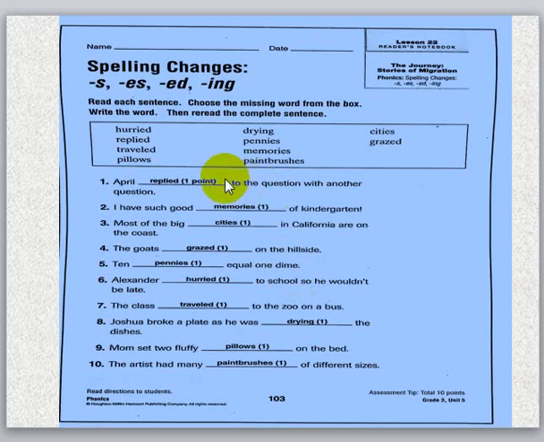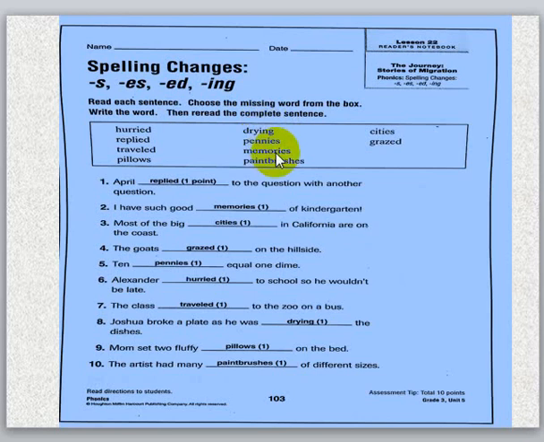Here we also have the ending of traveled, we put ED, a normal one. Pillows, it's a normal one, we put S only, we didn't change anything. And drawing, we put ING.